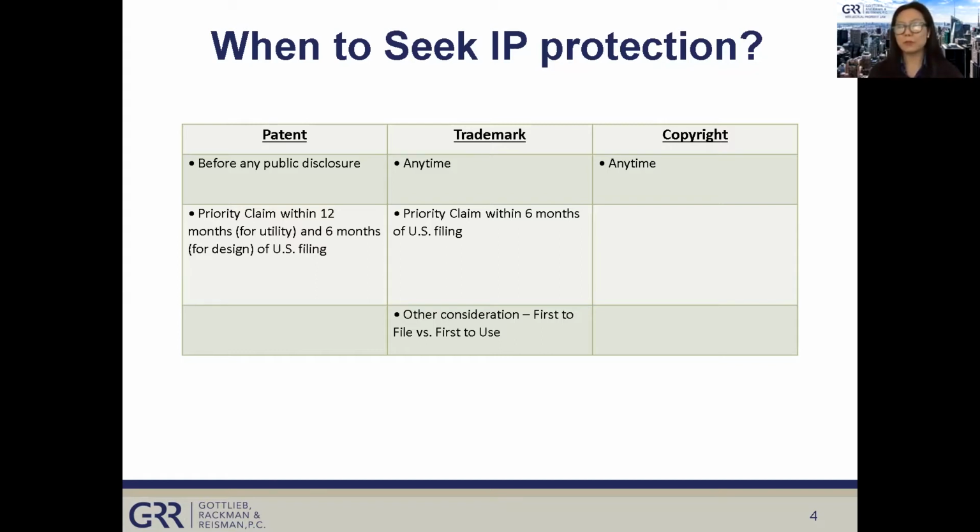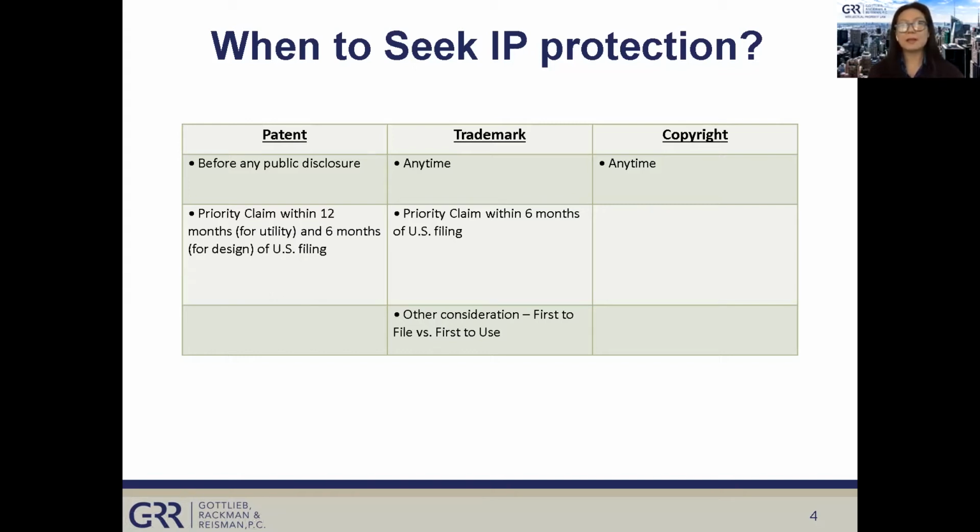Other first to file countries include Japan, Mexico, South Korea, many European countries, and many South American countries. As for copyright, you can file in a foreign country at any time, similar to a trademark.